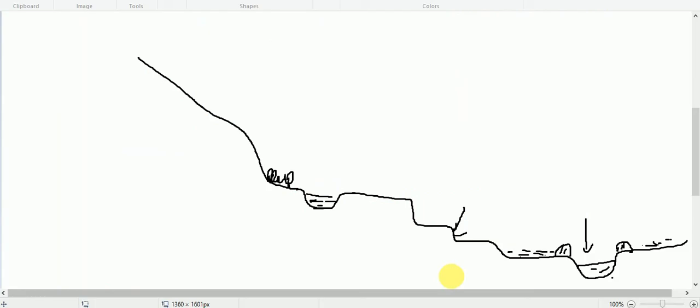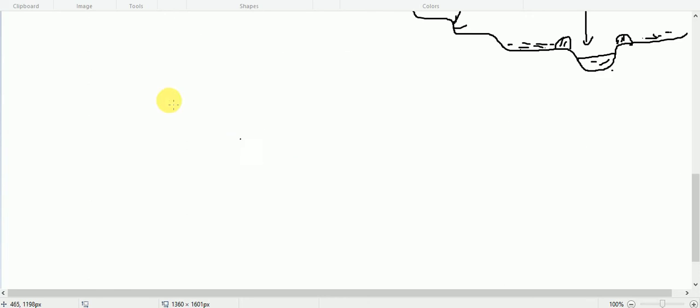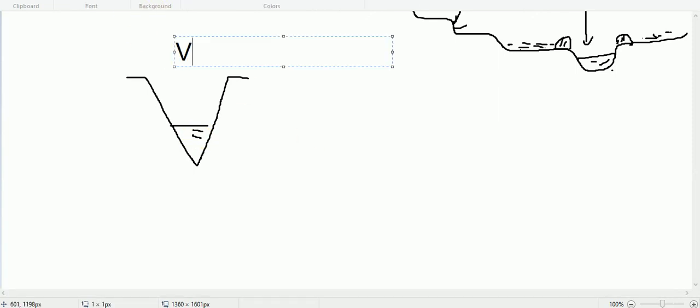Last time also I told you that Himalayan rivers form V-shaped valleys or gorges. So this is what we call a V-shaped valley. This is known, in geography, as a V-shaped valley.